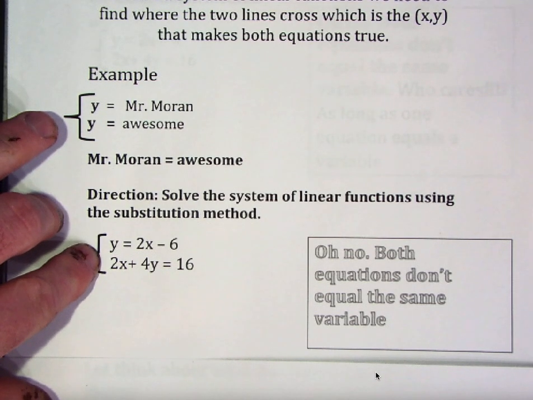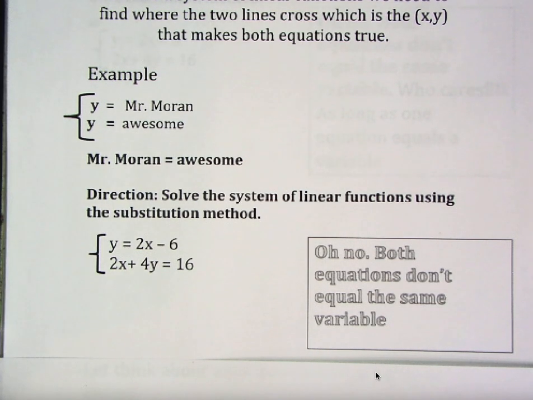I had you write down these two equations. Somebody read them. And then I said, oh no, both equations don't equal the same variable, like in Mr. Moran's problem. Does that mean we can't do it?